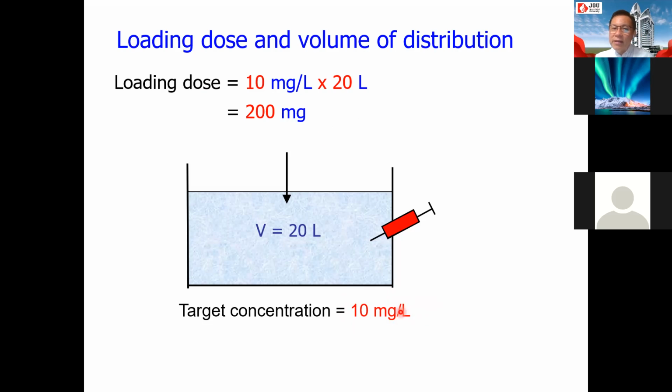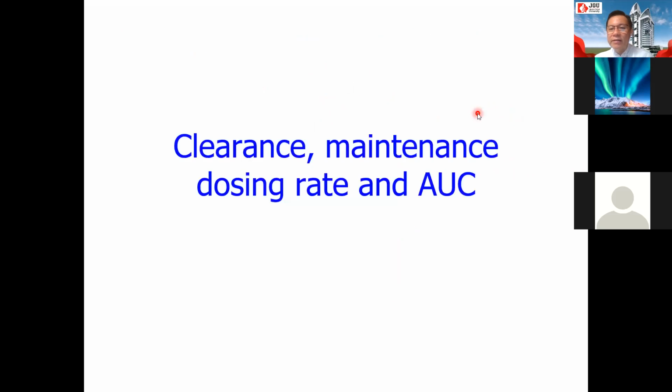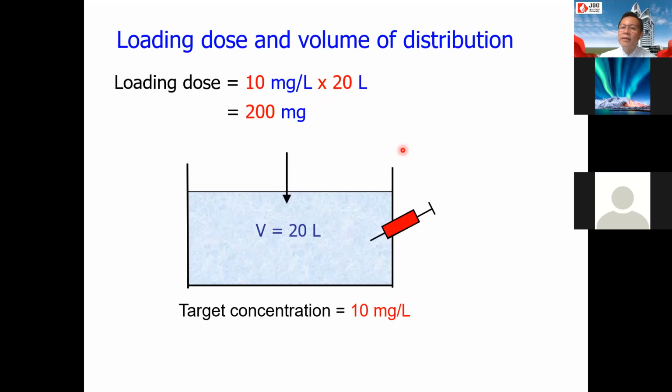We just calculate concentration times VD, because concentration is dose divided by VD. So if we want the dose, then it is concentration times VD. So this is the application. Until just now, okay or not? Clear? Yes, sir. Okay, this is the easiest.